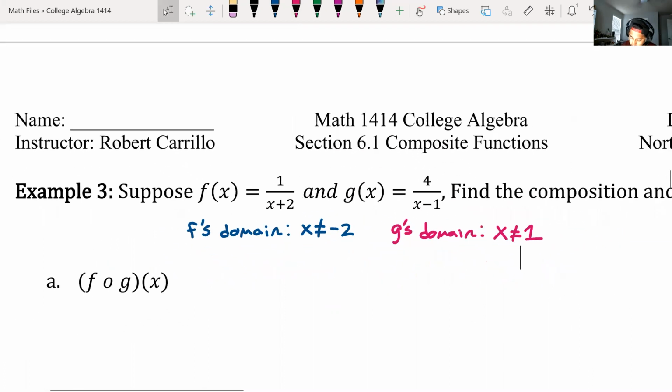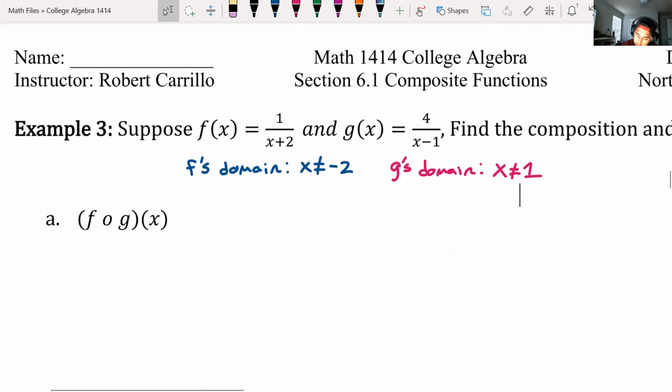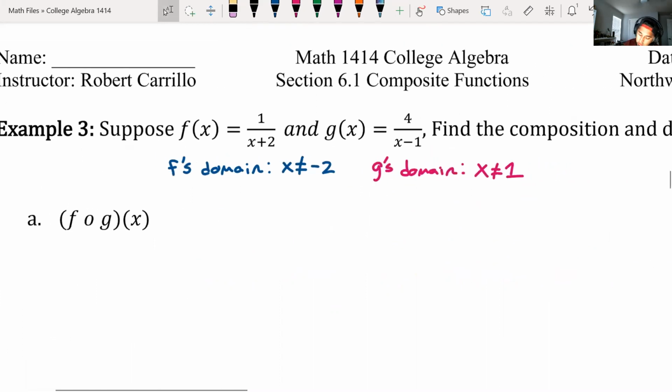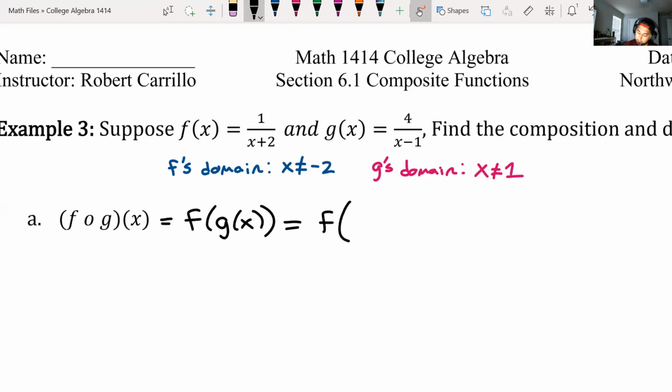Okay. So first is f compose g of x, which means we get f of g of x, which means that you'll get f of 4 over x minus 1.